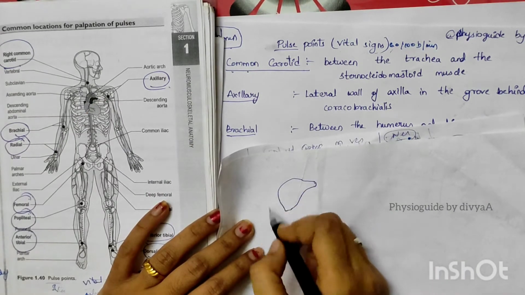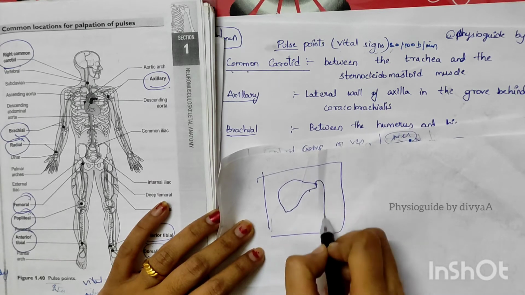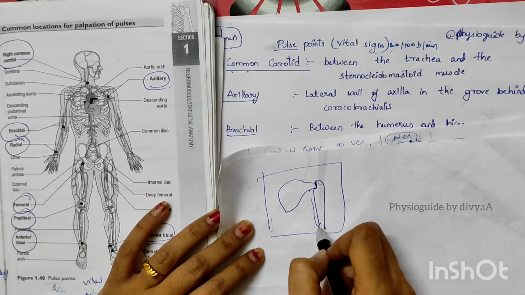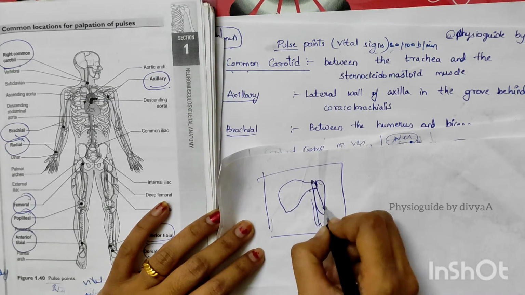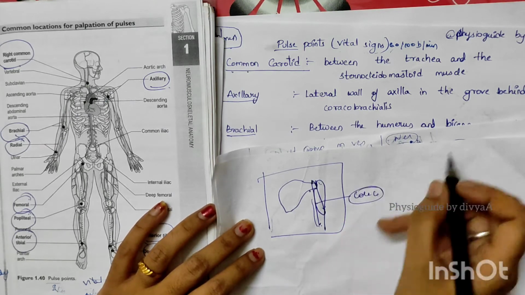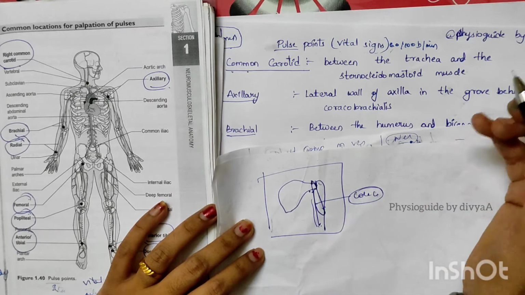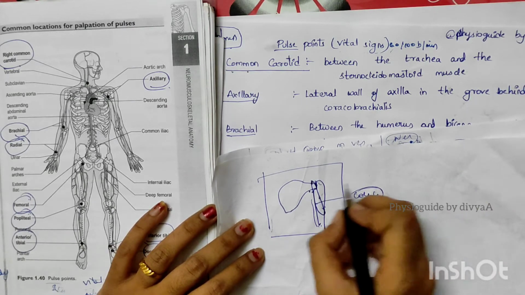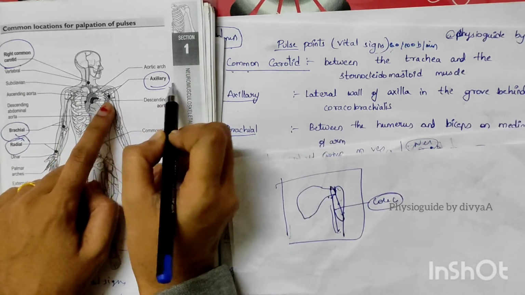So from backside we are seeing, if this is the scapula, this is the humerus, this is the coracobrachialis from backside. Okay, lateral wall of the axilla in the groove behind, so backside of the coracobrachialis, we can check here, axillary.